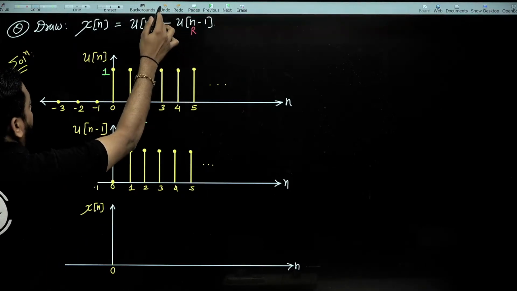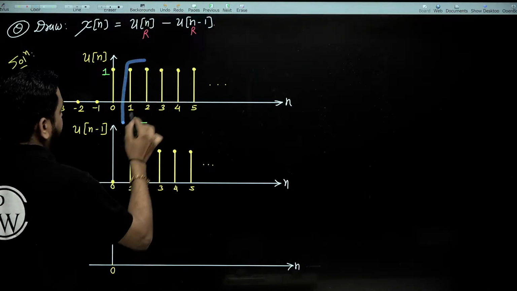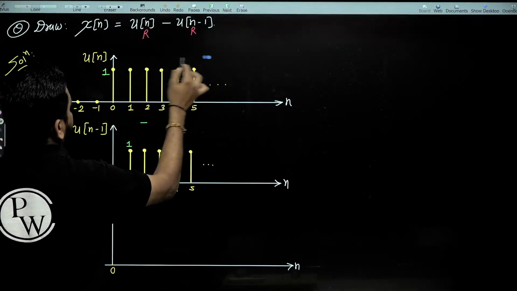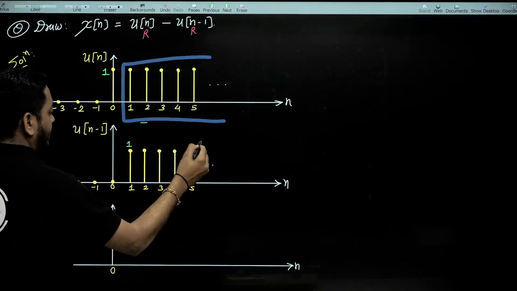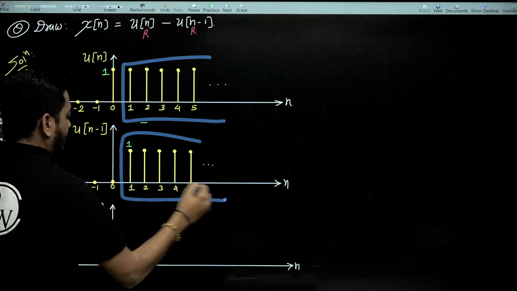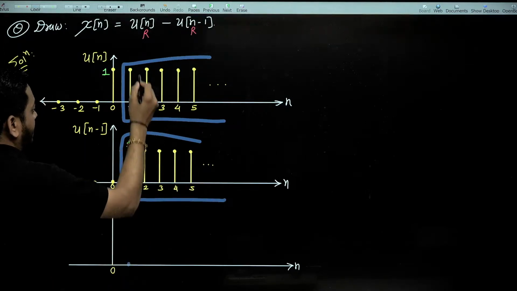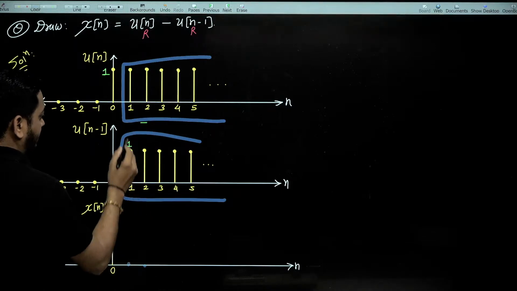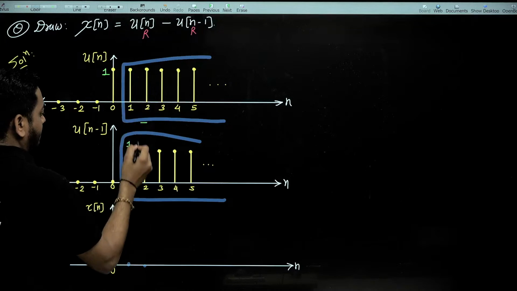And for n greater than or equal to 1, guys, here you can see, for this 1, 1, 1, 1, and here also, guys, same thing, 1, 1, 1, 1. So 1 minus 1, 0, 1 minus 1, 0. At n equal to 1, 1 minus 1, 0.